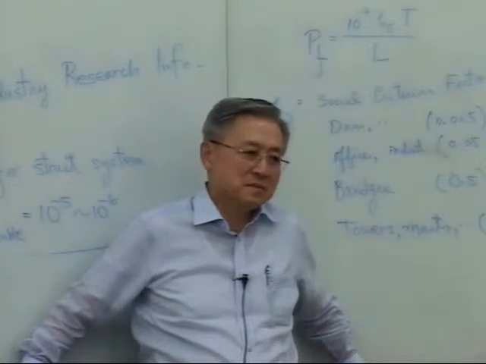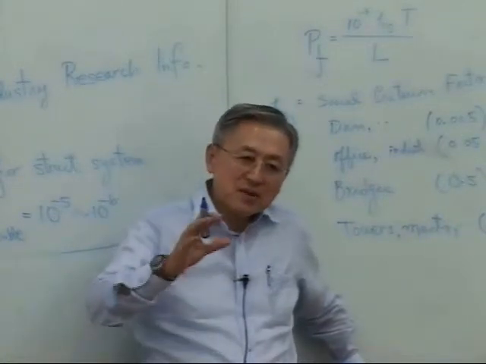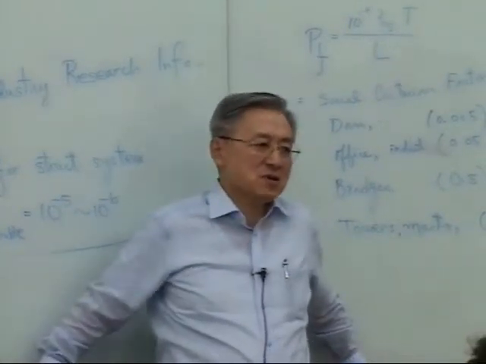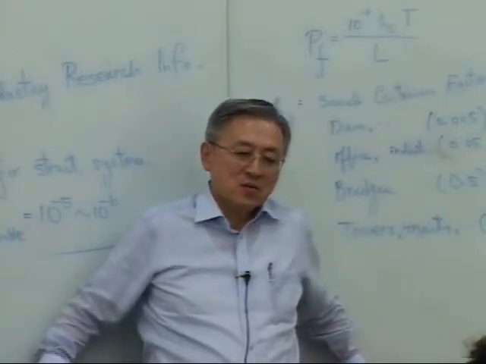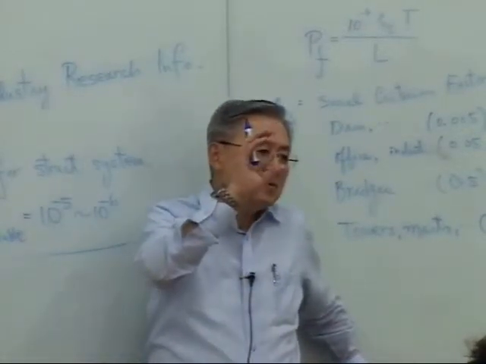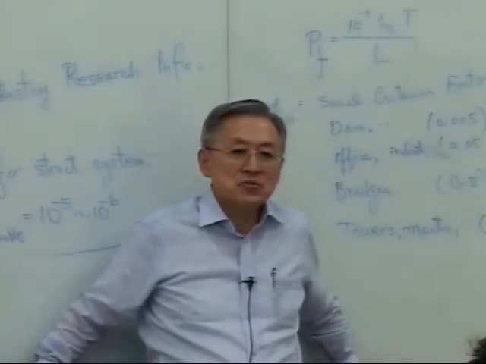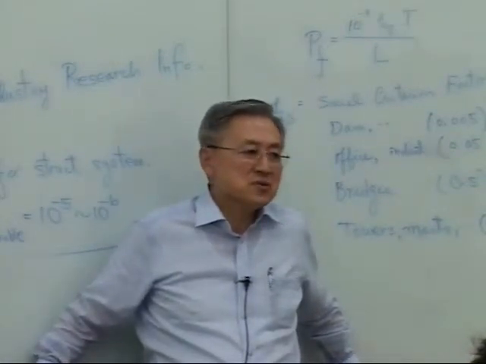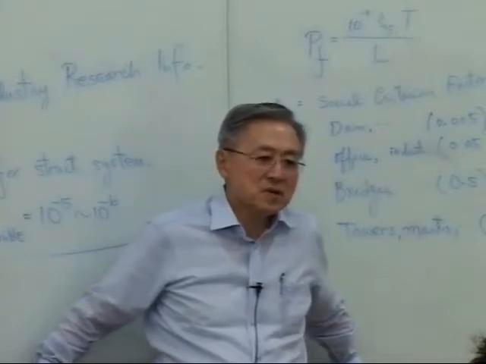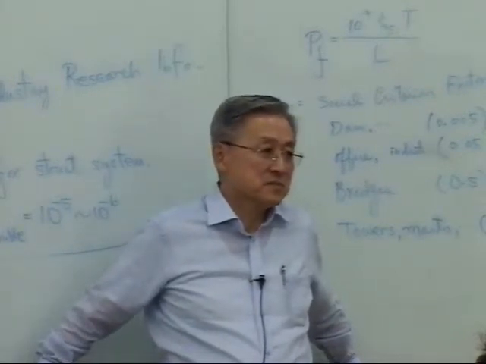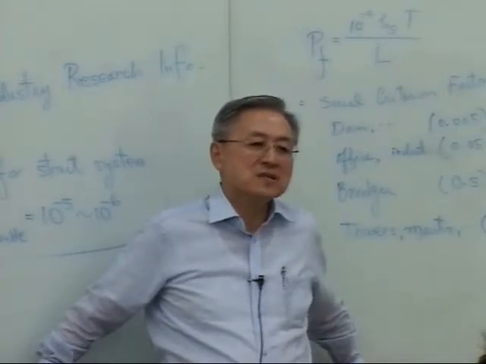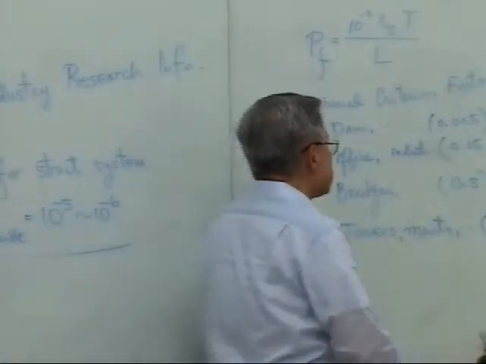Answer is no. It depends on how you design the structure system. One component failure can induce the failure of the total structure, which is called the weakest link structure.